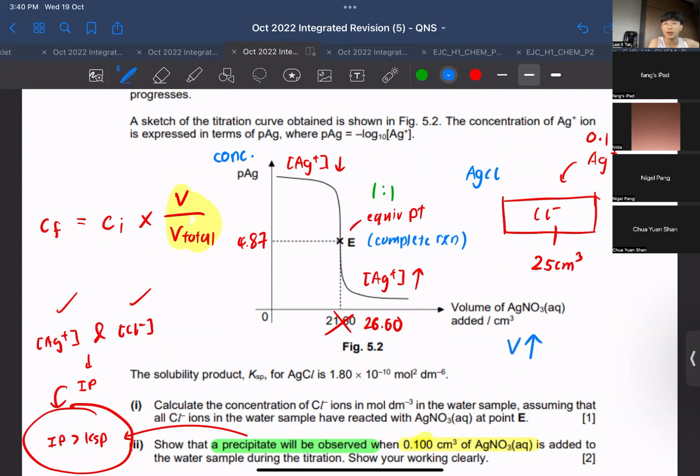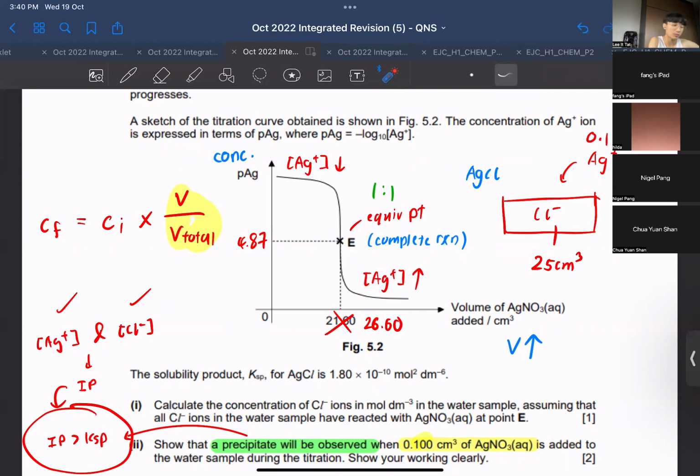As the volume increases, it's just going to get more and more diluted. That's why towards the end, it still increases, but a lot slower. Can you kind of see that?